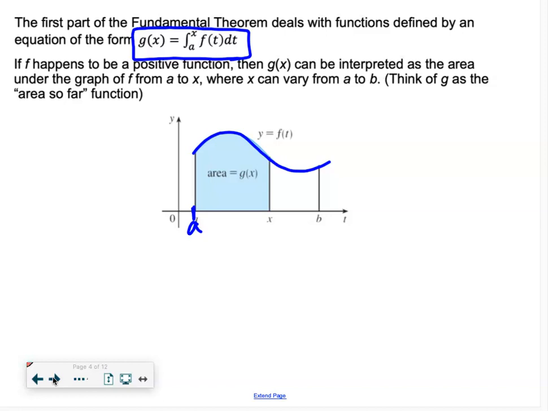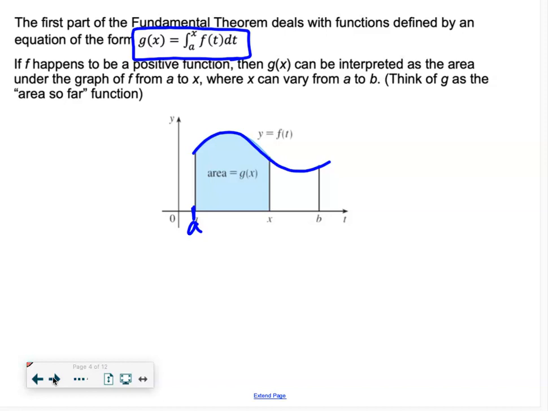I don't want it to go both places. So because of that, I have to use different letters here and here. It's simply so that if I want to plug a number into f, let's let t equal 7, right? If I want to plug a number into g, let's let x equal 3, and it's only going into g. Okay, so you have to have two different variables whenever you have these funky integral functions.